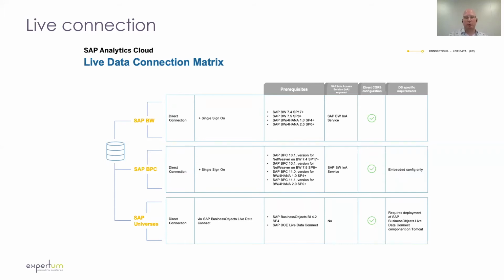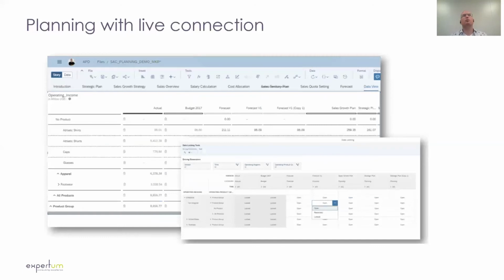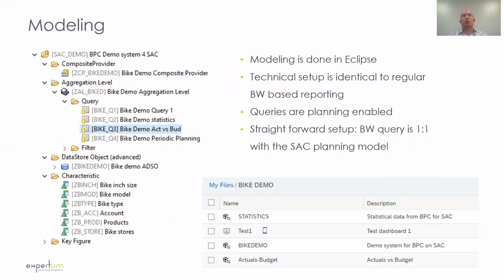Now, what do you get then? Planning via live connection is grid-like planning, and that's it. There's nothing really fancy about it. It's basically a trade-in of Analysis for Office for a cloud-based input. How does that work? You make a planning model via Eclipse.